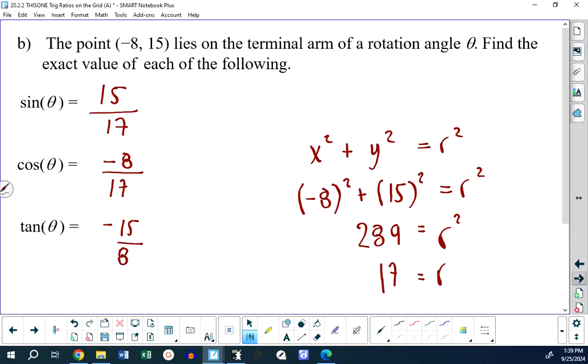Now, I know that some of you might go, wait a minute, you just said y over x. Isn't that 15 over negative 8? Yes, it is. You could have written 15 over negative 8. I would much rather write a number, and the tangent of theta is a number. It's a ratio of two numbers, but together they form a number. I would much rather write a negative fraction with the negative in the numerator.